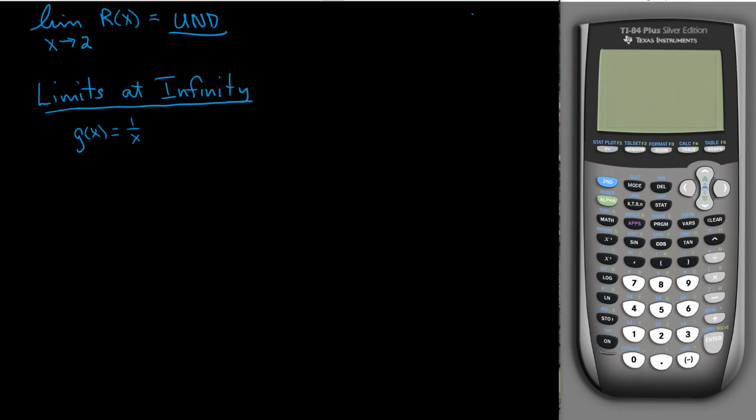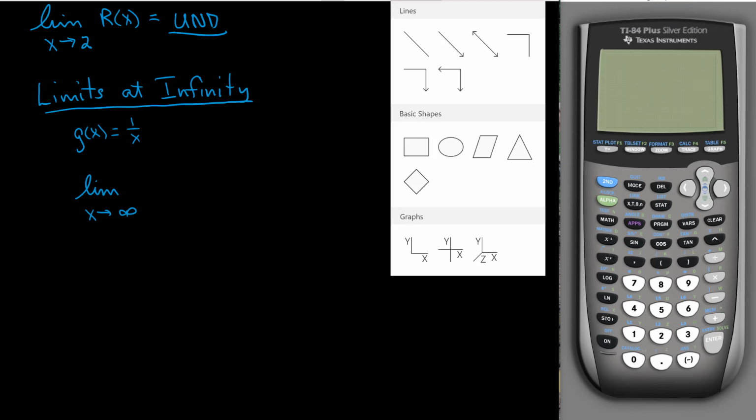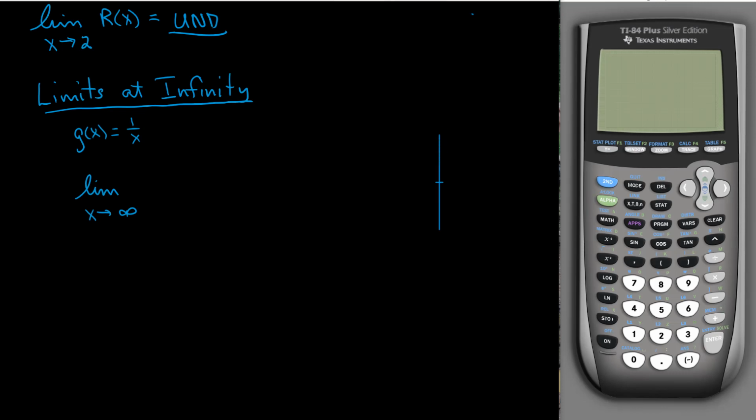Okay, so we have our function, and then if we evaluate the limit as x approaches infinity, okay, let's think about what that's going to look like as far as a graph goes. If we graph 1 over x, 1 over x does something like this.